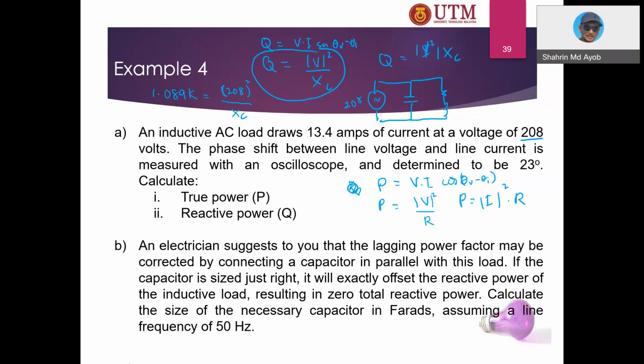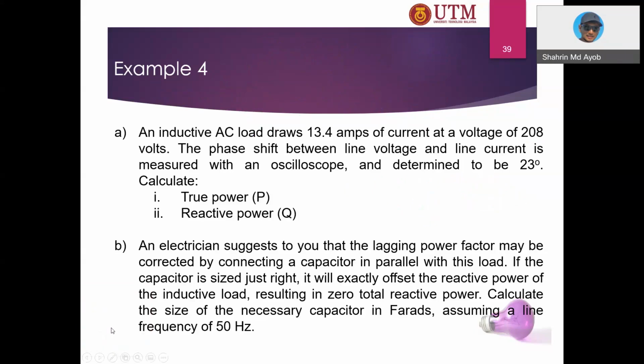From the calculator, it gives me the answer that XC is 39.7 ohm. This is negative j, so XC is equal to 39.7 ohm.